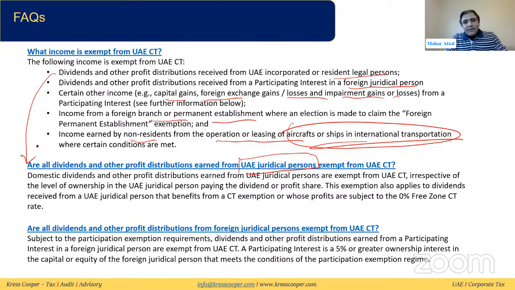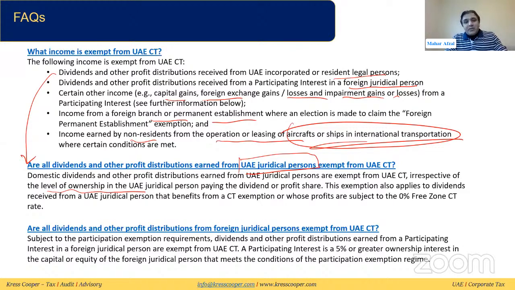If this dividend or profit distribution is being received from a UAE juridical person, it will not be subject to corporate tax. Domestic dividends and other profit distributions earned from a UAE juridical person are exempt from the UAE corporate tax irrespective of the level of ownership. Agreed? We have not discussed any threshold for our first case.